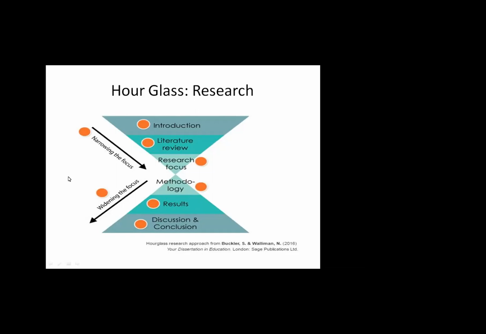So from a very broad start, we come up to a very focused question, and then we have again a very broad discussion part, and we come with certain conclusions, right? So we have talked about in the introduction that we have to introduce our topic and how to introduce. First, we have to give the statement of the problem. We have to give the burden of the disease or prevalence of the problem.